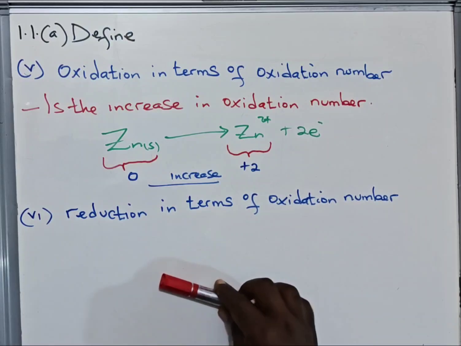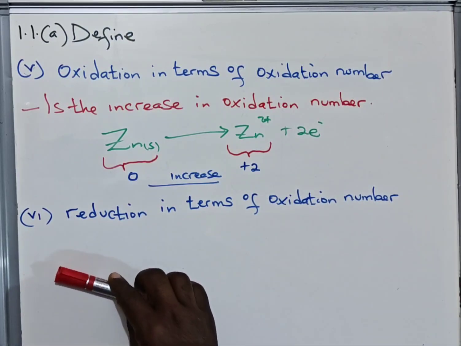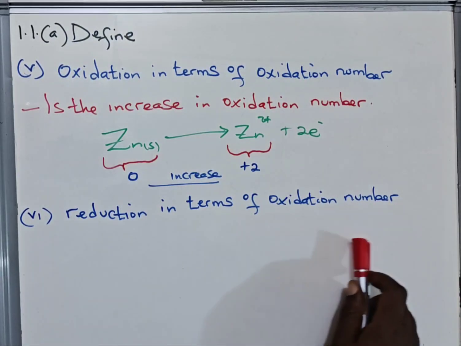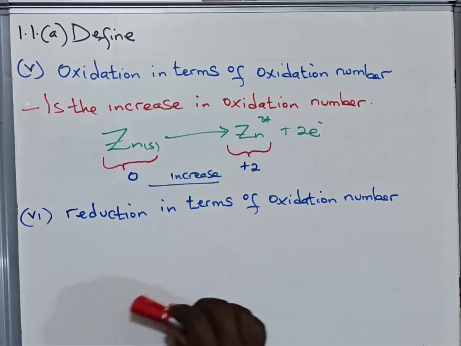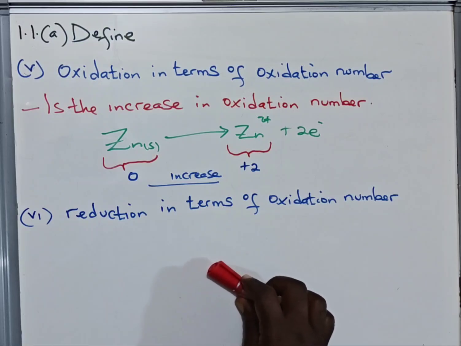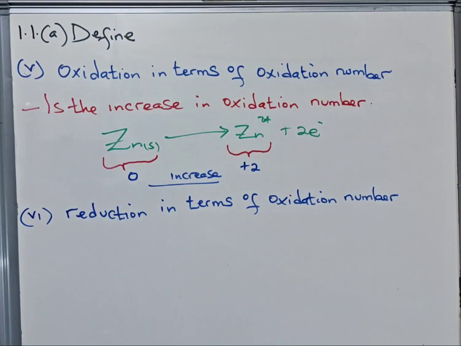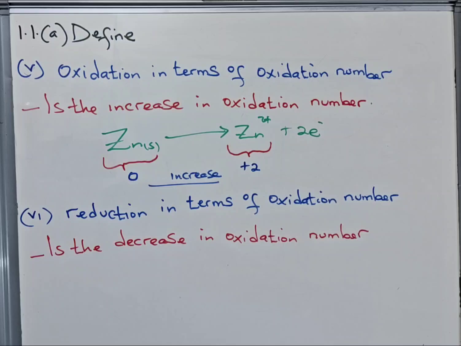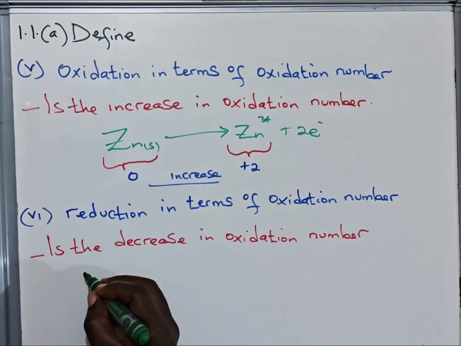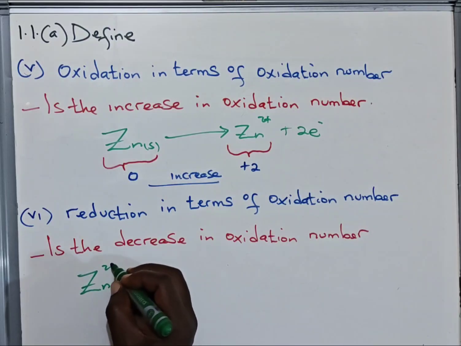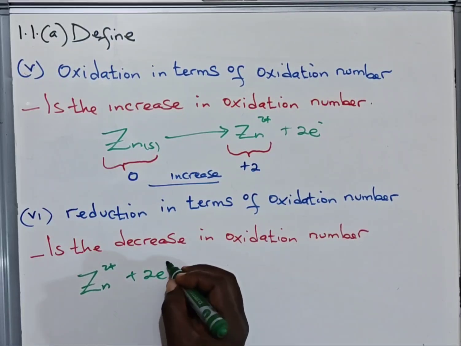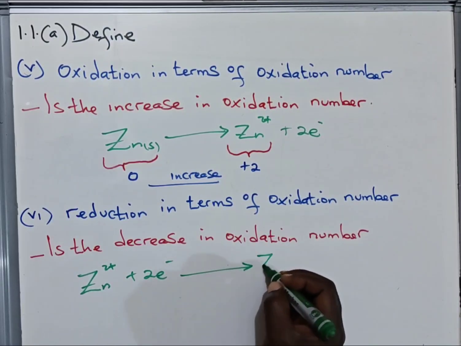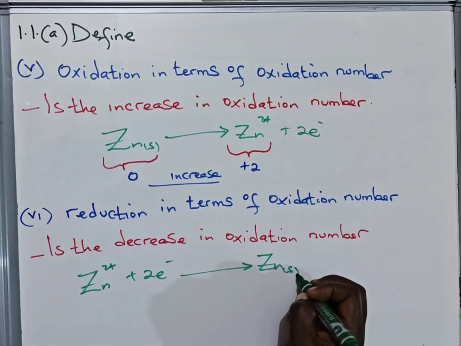Then we come to this one, saying define reduction in terms of oxidation number. What is it? This is the decrease in the oxidation number. The example in point is that suppose we have zinc ions, and if they take up 2 electrons, what you are going to form is zinc solid.